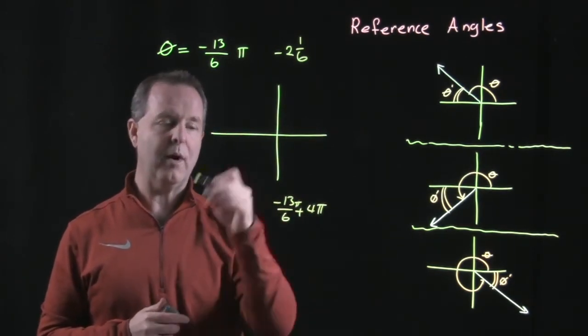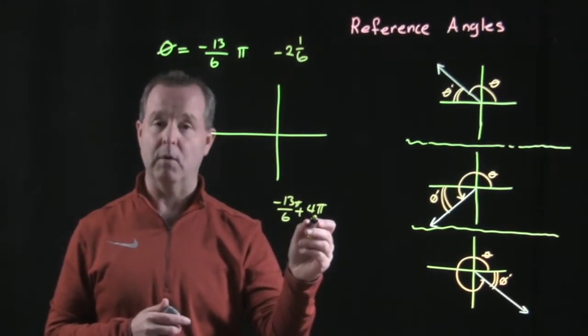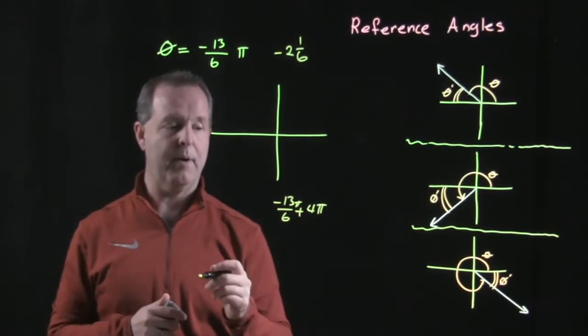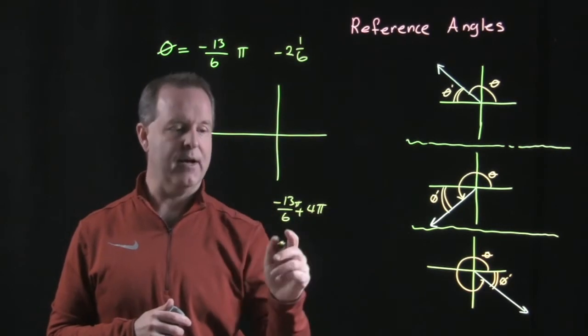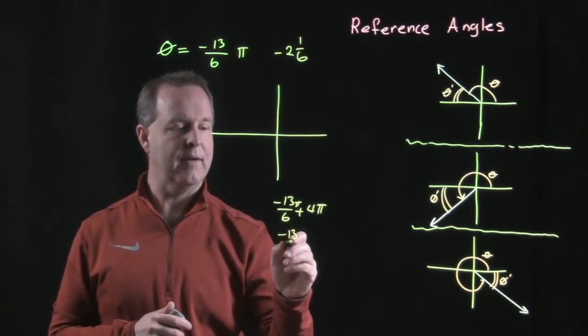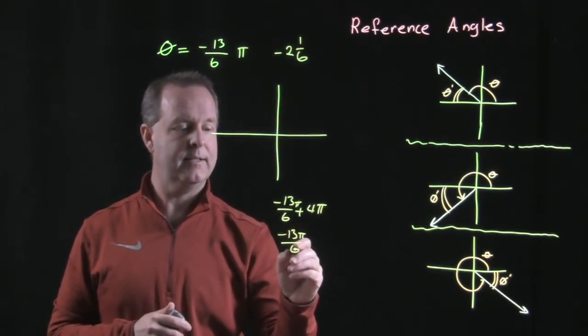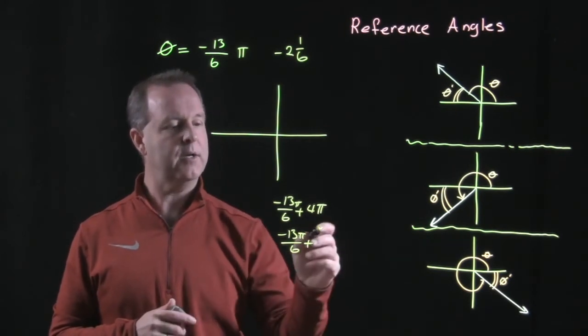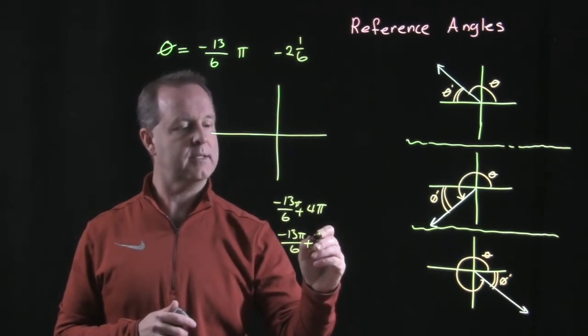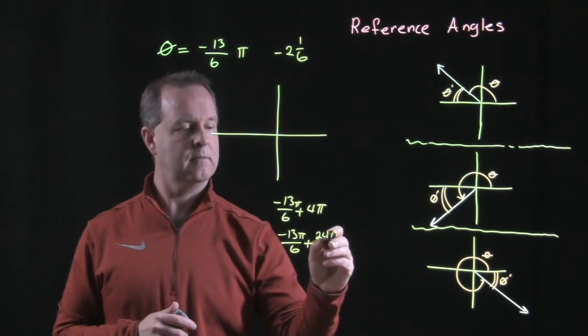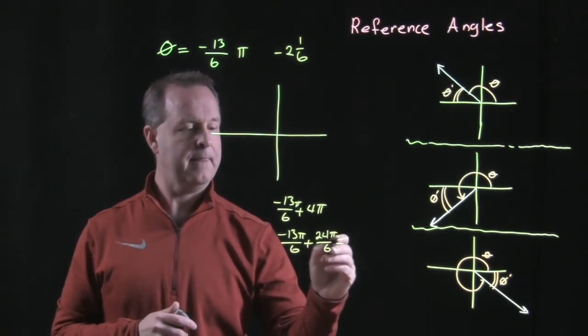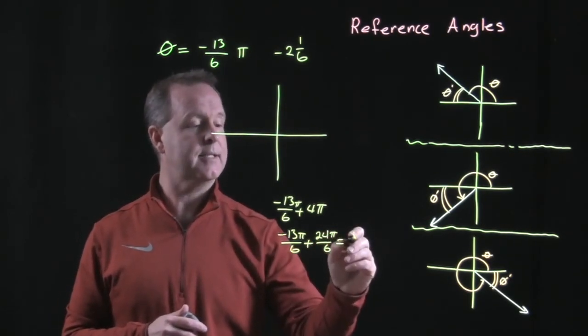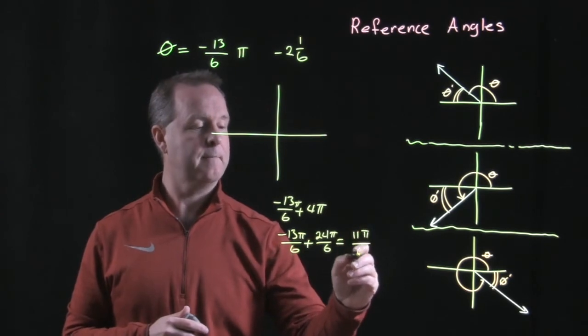So I have to add one more revolution, which is why I have another multiple of 2 pi, a total of 4 pi. Now let's add these together. So I have negative 13 pi over 6, common denominators makes 24/6, and I'm left with 11/6 pi.